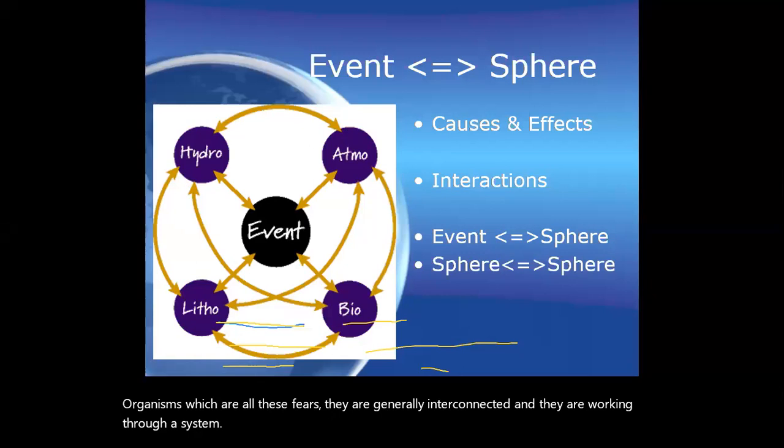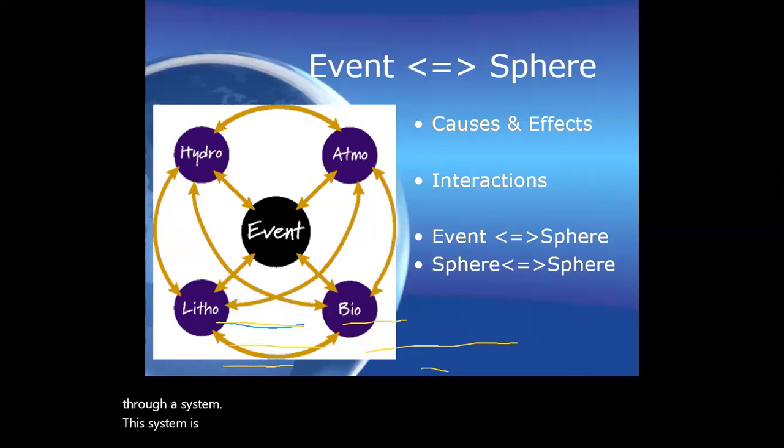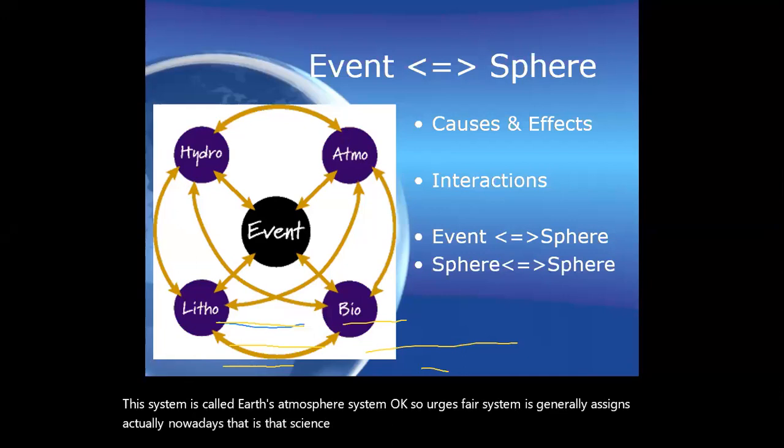This system is called Earth's sphere system. Earth's sphere system is nowadays a science. That science is called Earth System Science, or ESS.